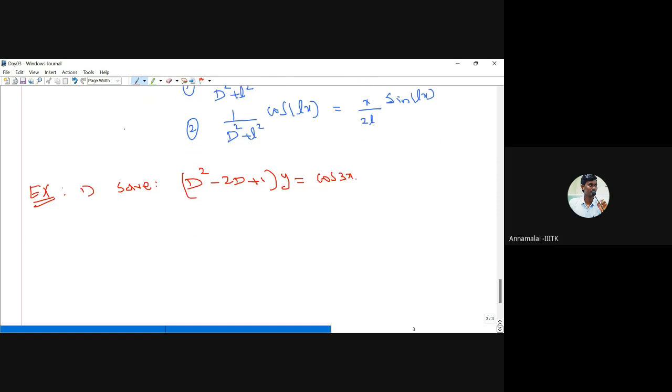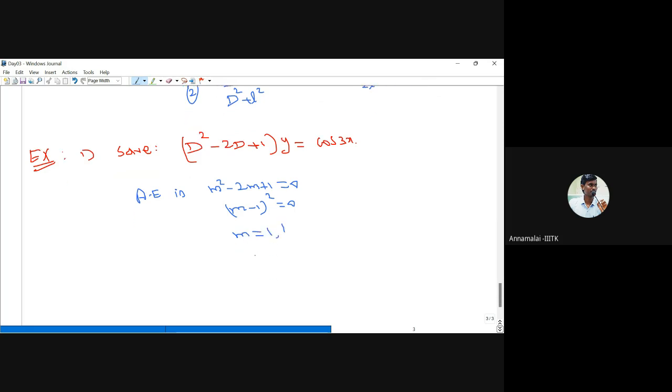As usual, you have to find the complementary function. So the auxiliary equation is m square minus 2m plus 1 equal to 0. So this is nothing but m minus 1 whole square equal to 0. Therefore m equal to 1, 1.